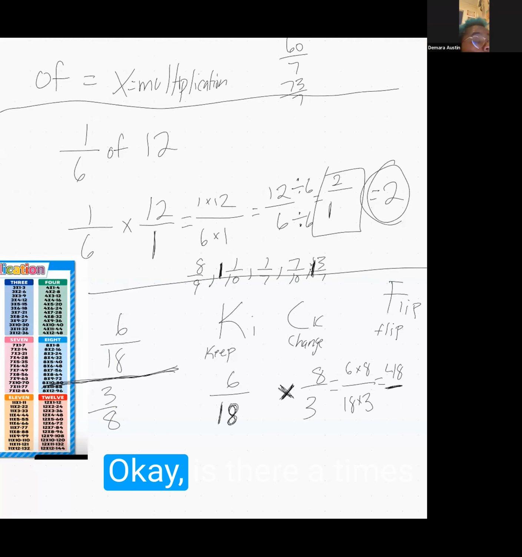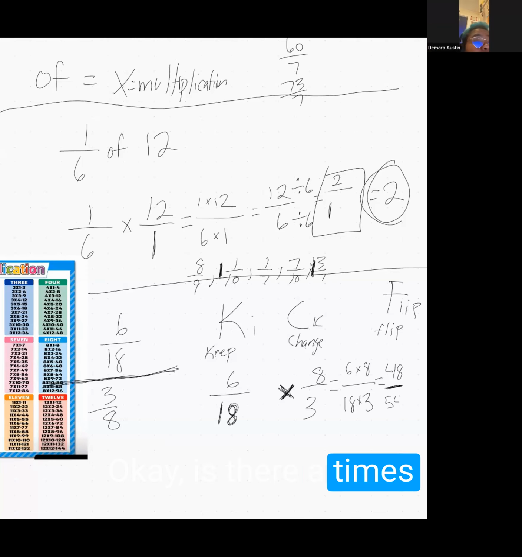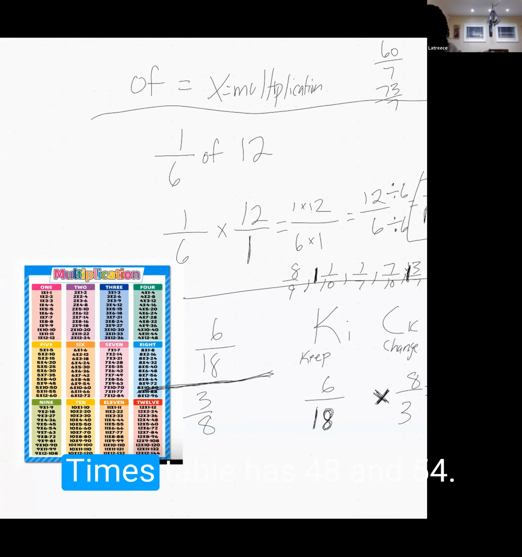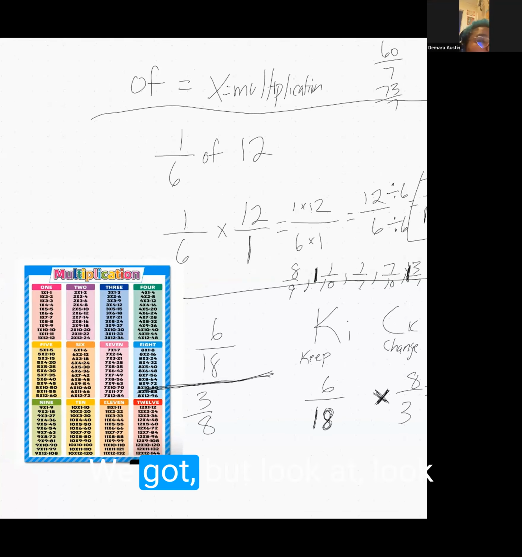Okay. Is there a times table that has 48 and 54 in it? Look in the chart.